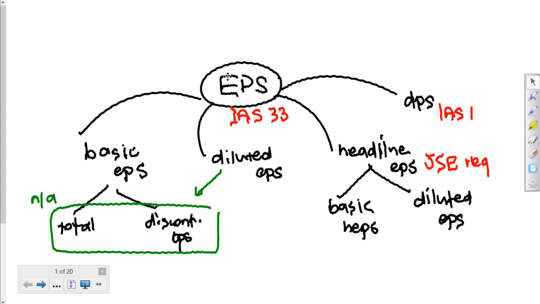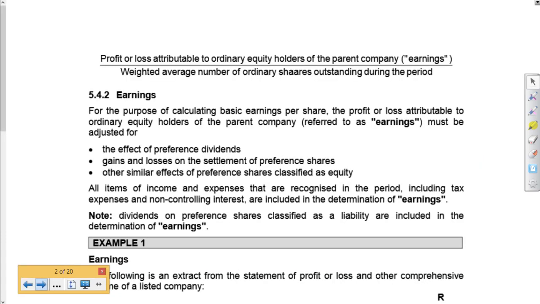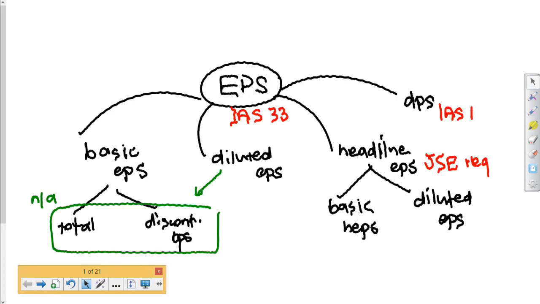Okay, so let's start with the first calculation, which is basic earnings per share. Earnings per share is disclosure only. I say disclosure, but it's at the bottom of the statement.